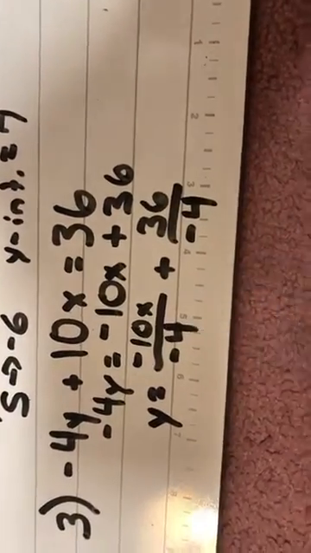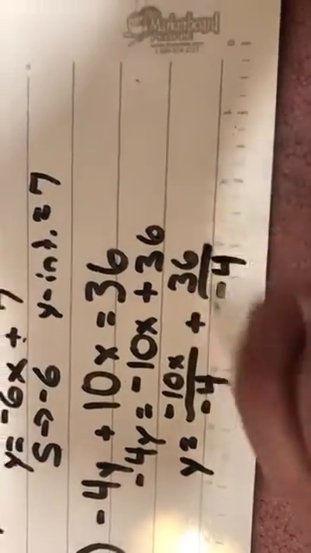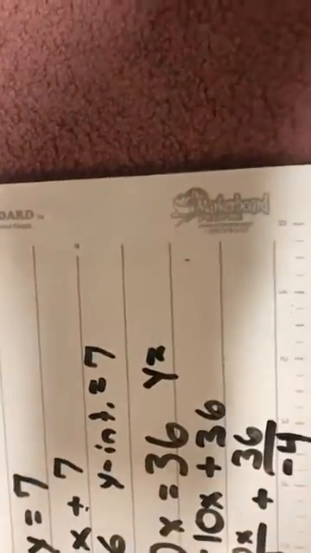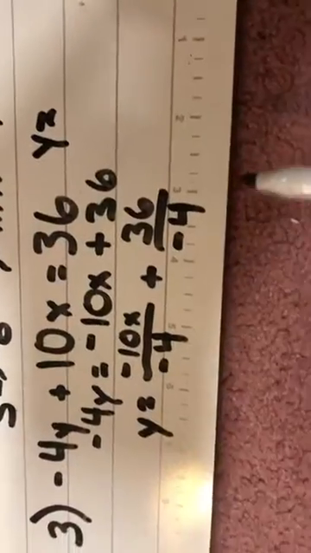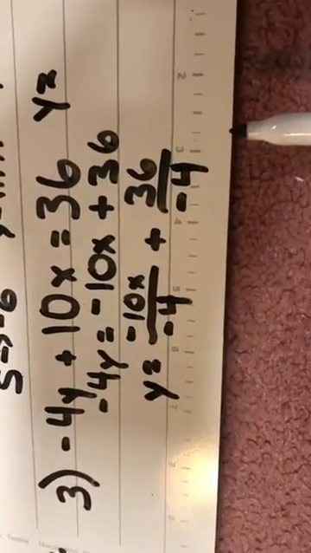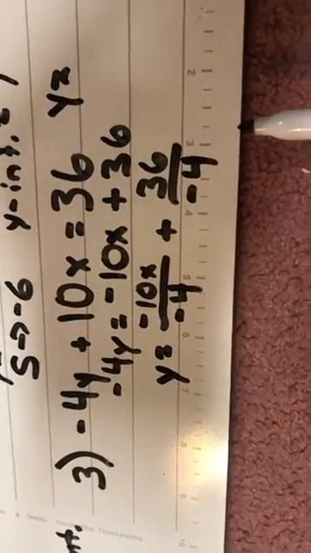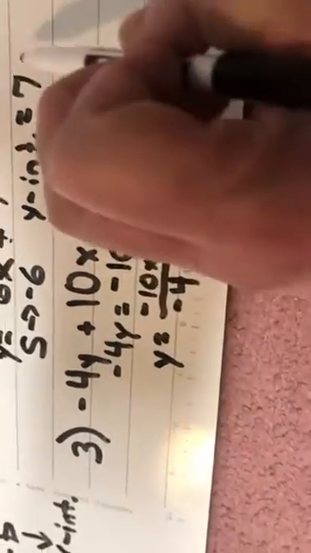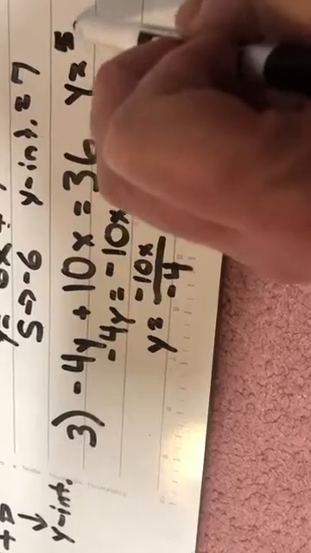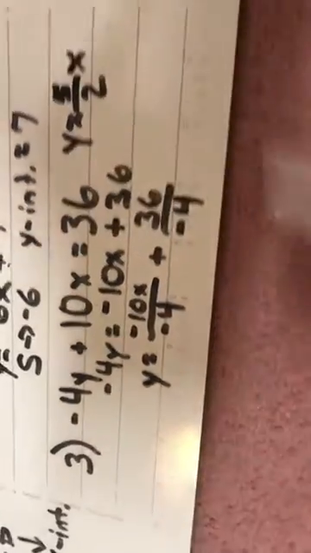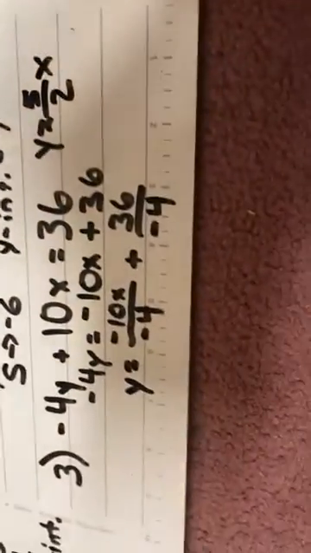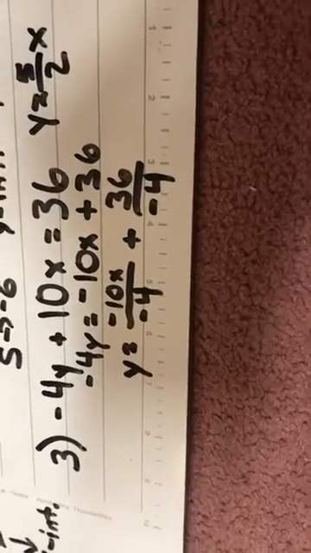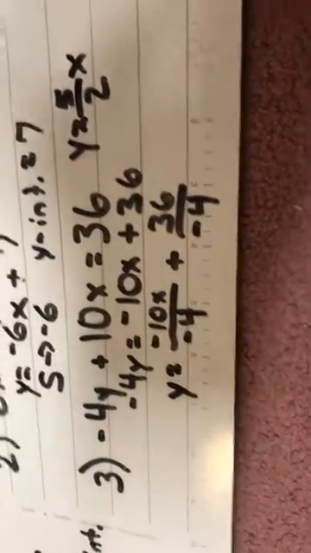If I simplify negative 10 over negative 4, if I divide them both by 2, I get 5 over 2. The negative divided by a negative is a positive, so I'm going to get y equals 5 over 2x.